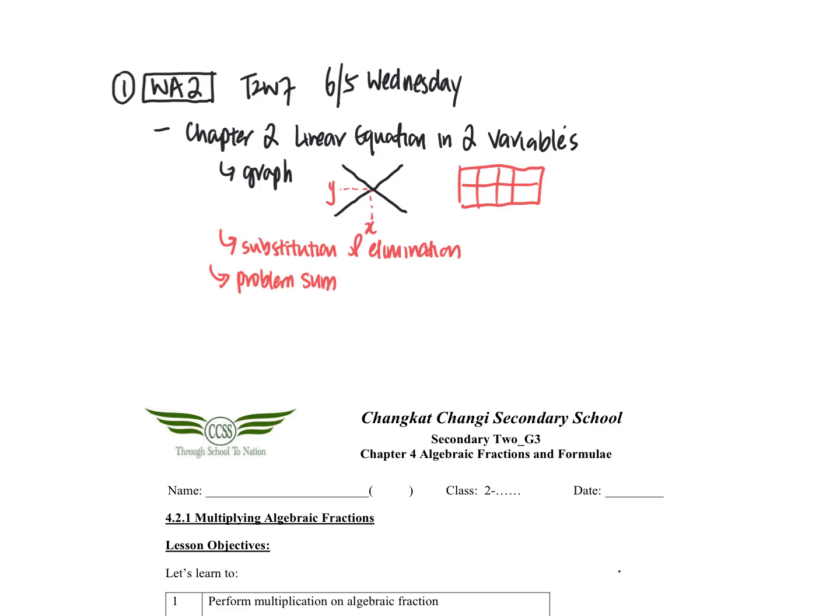Or you make one of the variables the same, you eliminate them all together. So we won't specify which method we want you to use, you choose one that you like better. Then the last part is problem sum. Remember we had the question about coffee costs how much, then tea costs how much, then you form two simultaneous equations and then you solve. So this is chapter 2.